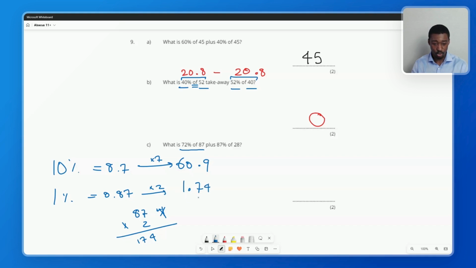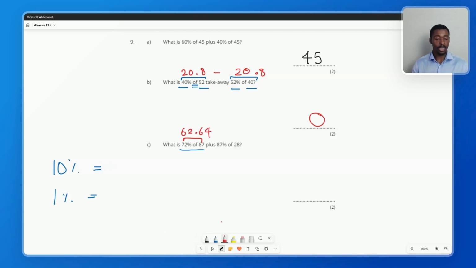So now for 72%, add those two things together, because this is 70% and this is 2%. So we add it together: 4 plus 7 is 11... so we have firstly here 62.64.